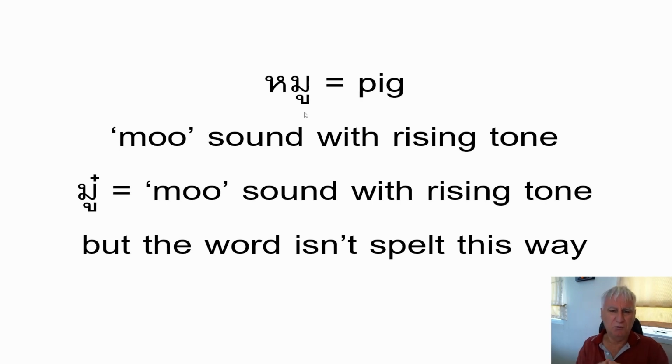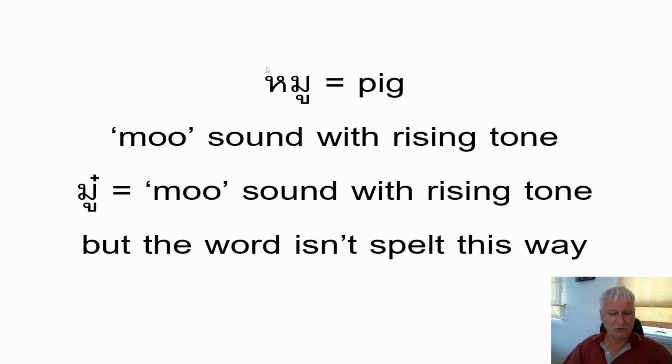And sometimes you need to insert an unwritten vowel in between, but that's not the case here either. This ho hip here, which is high class, is only here for tone purposes. It doesn't make any sound at all. So the initial consonant sound of this word uses this second consonant, the M consonant.